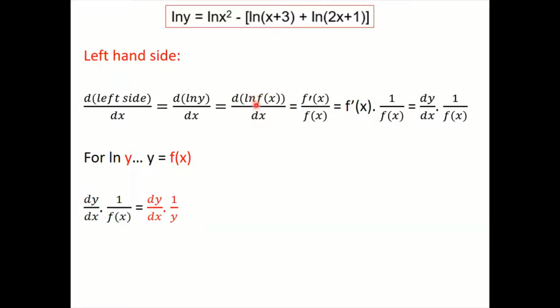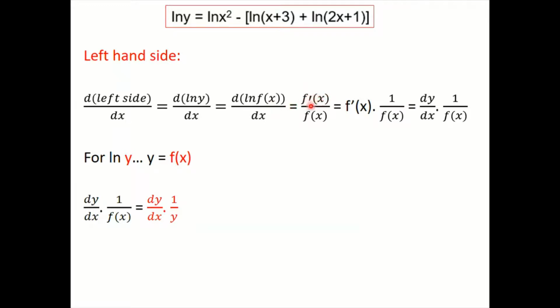Remember, to find the derivative now, it's quite straightforward. We need to differentiate this function of x with respect to x, so we need to find that derivative, f prime of x.